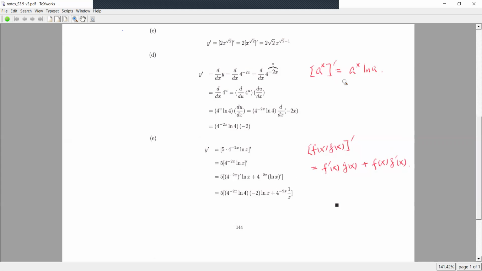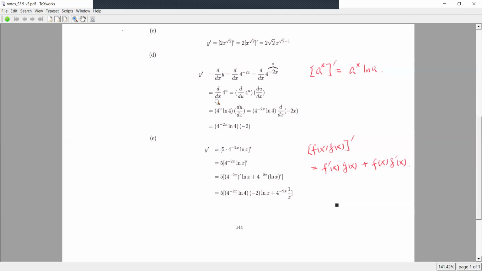In order to use this formula, I need to simplify the function. I let u be negative 2x. Then the function becomes 4 to the u. About this derivative, because u and x are different, I cannot directly apply this formula.